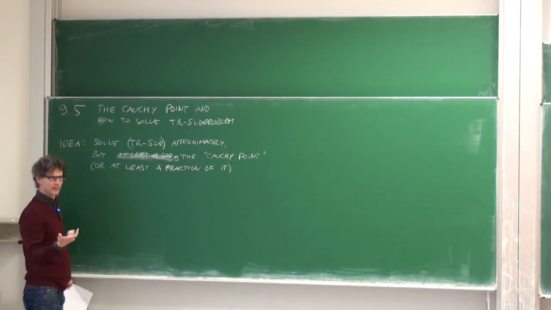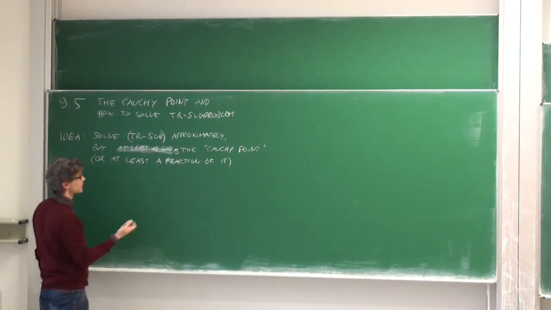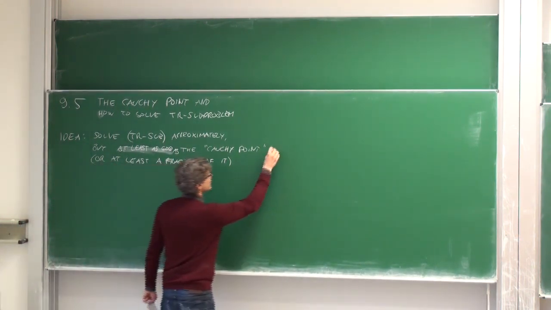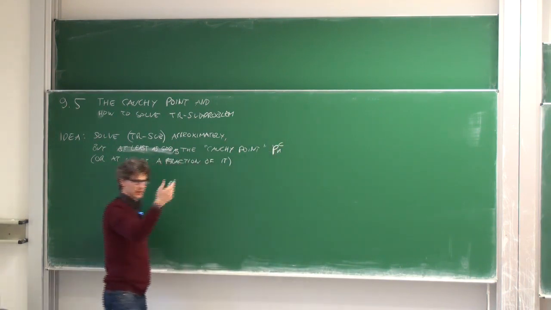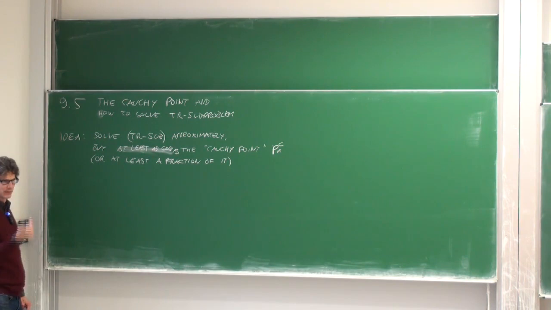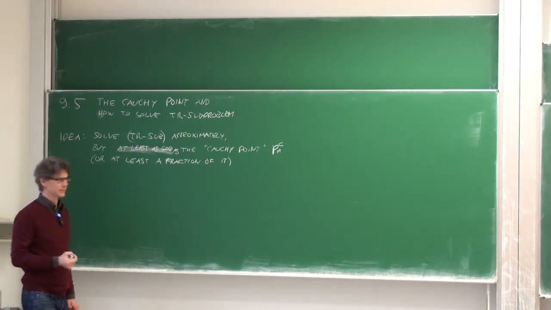What is the measure of progress? The Cauchy Point will be something that I call p_k^C. That is a possible solution of the trust region problem, a feasible point which is improving the objective.